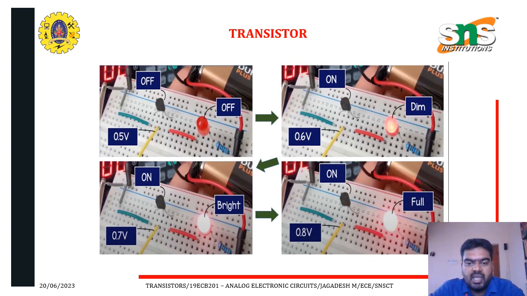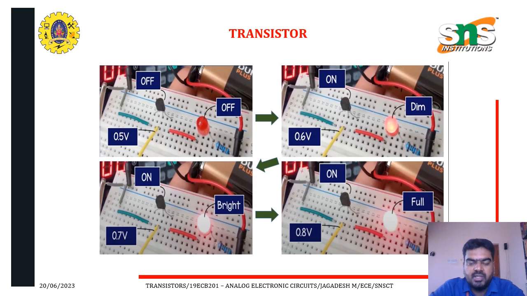And coming to the next image, the base voltage is increased from 0.5 to 0.6. So the LED will get on, it will glow in a dim manner, because the base voltage is very small.